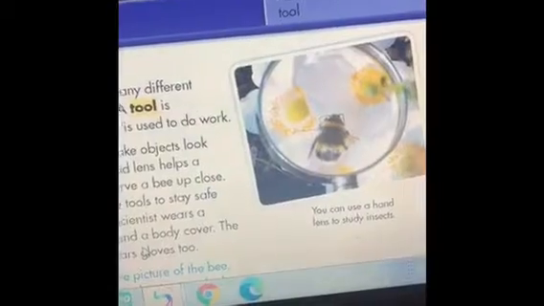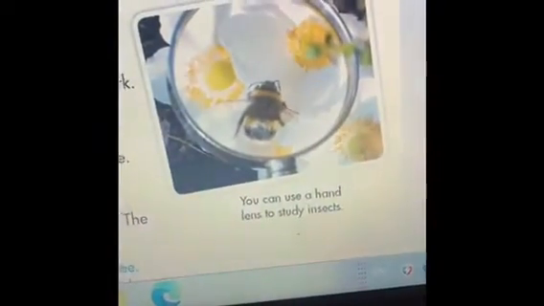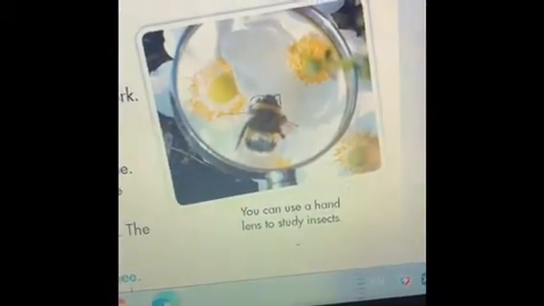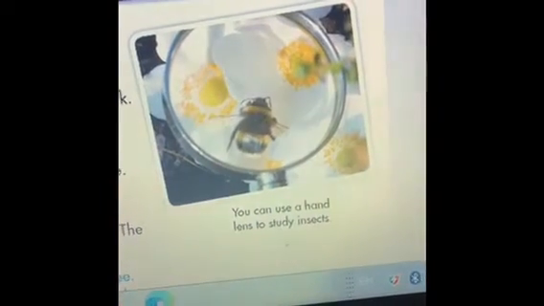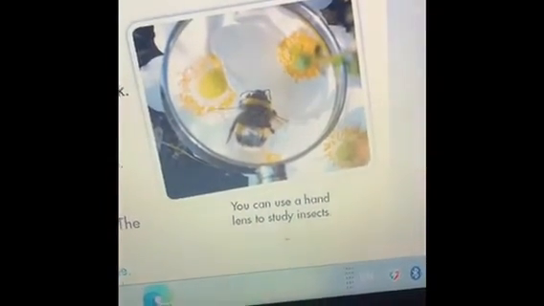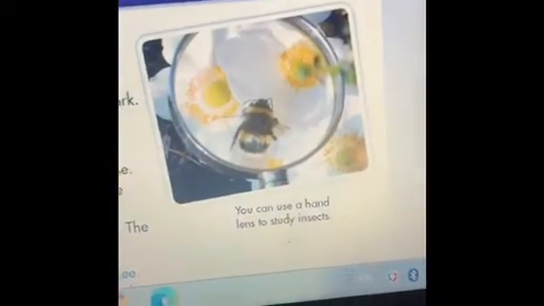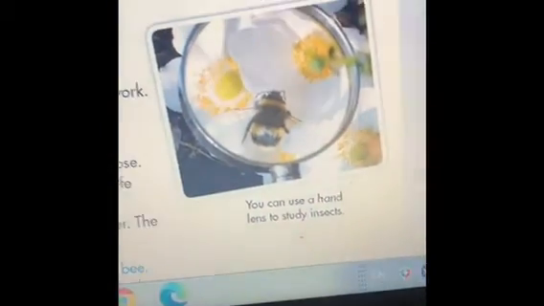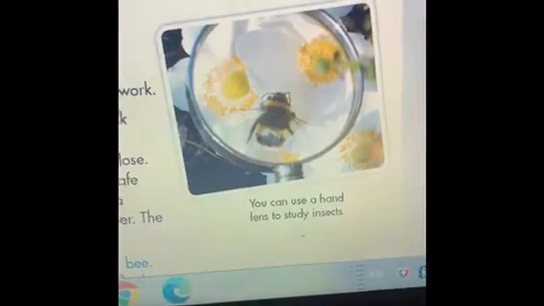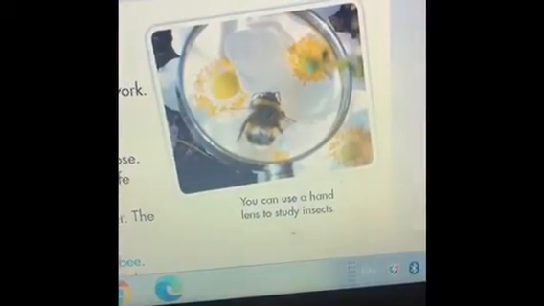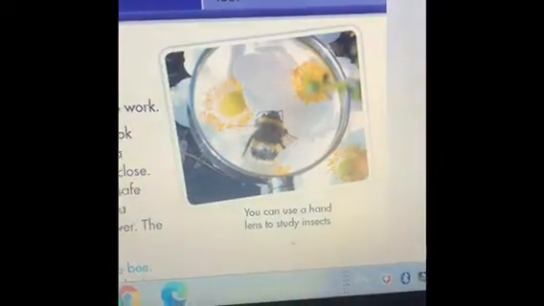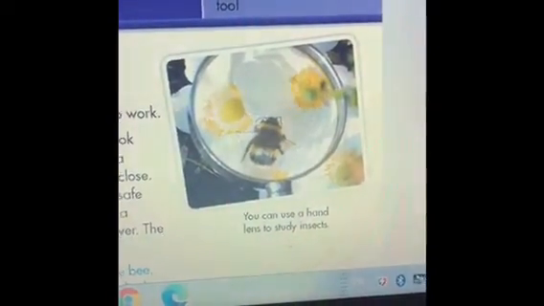You can use a hand lens to study insects like the bee here. We can see the details of the bee by using a hand lens.